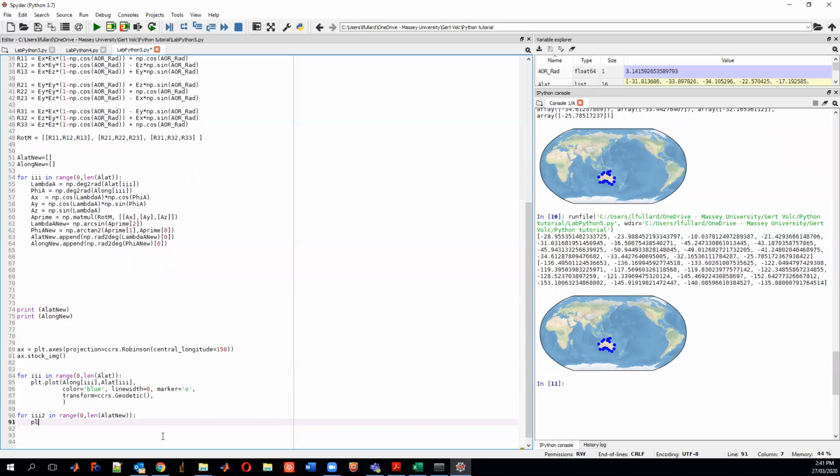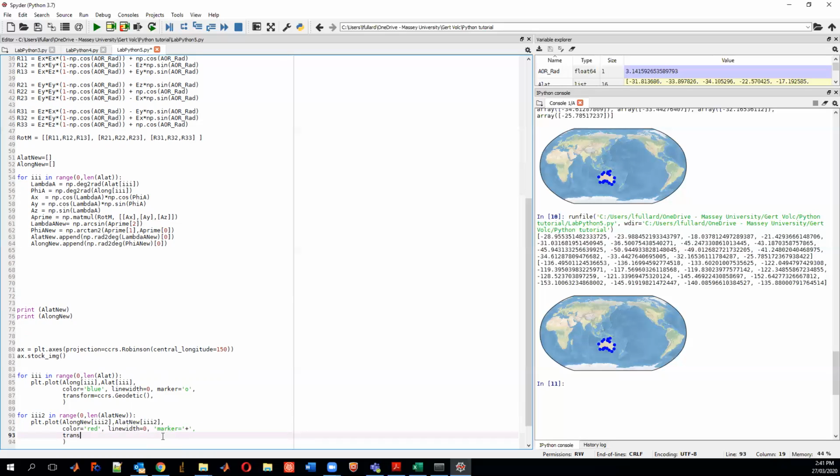I'm going to plt.plot A long nu II2, A lat nu II2, and again I'm going to plot these in red. So color equals red, line width equals 0, marker equals, I'll make them little pluses.